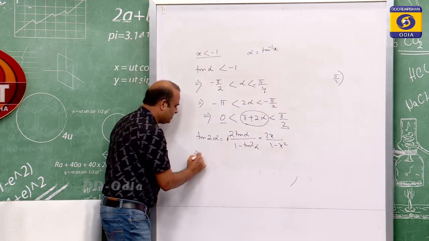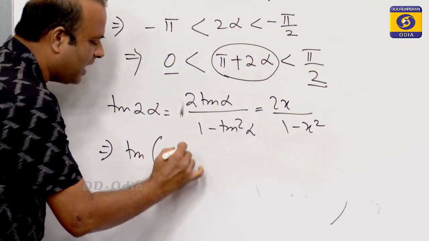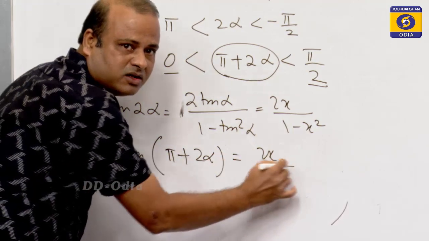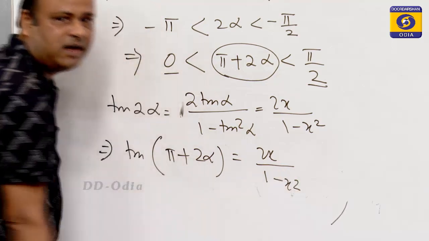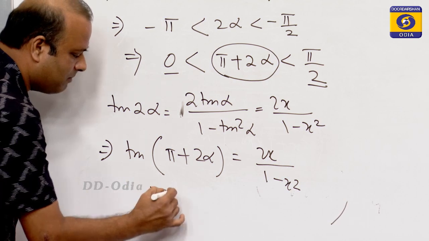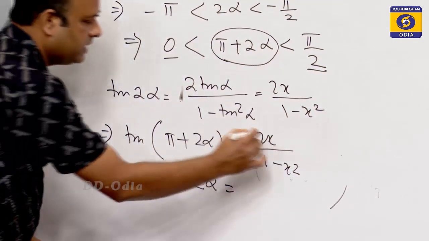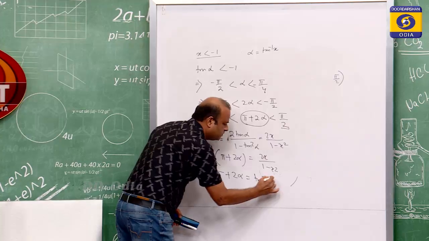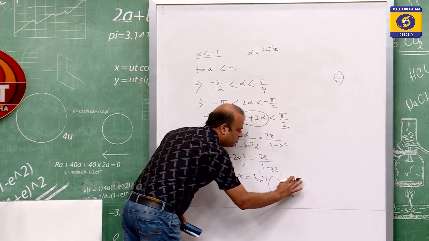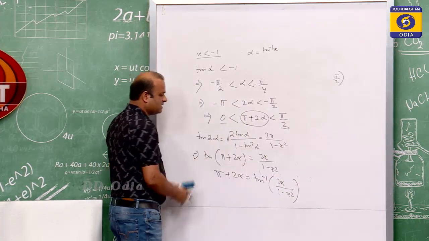So this implies tan of pi plus 2 alpha is equal to 2x by 1 minus x square. Now pi plus 2 alpha is equal to tan inverse of 2x by 1 minus x square. Now take pi on that side.